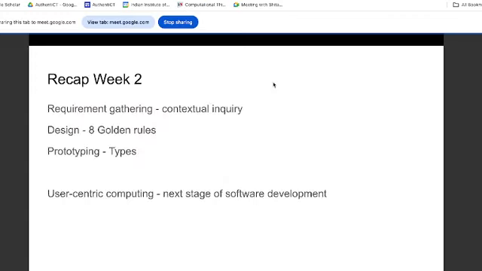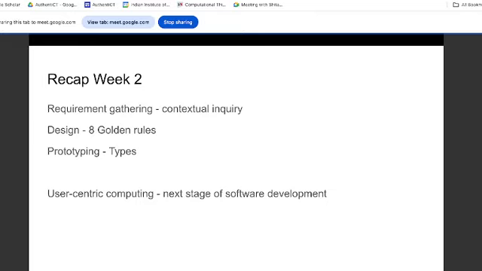So we'll begin. Let's take a recap of last week. We started with the software development life cycle for user-centric computing, and we saw that requirement gathering or contextual inquiry is a very important phase in which you get to know the users. We saw the types of contextual inquiry, the means to do them, and the stages of contextual inquiry.